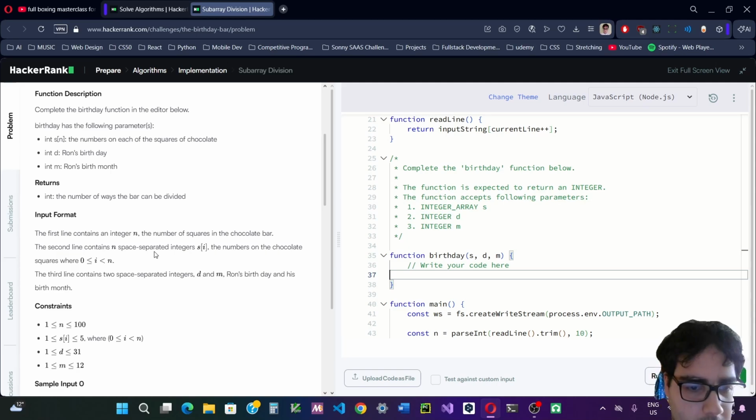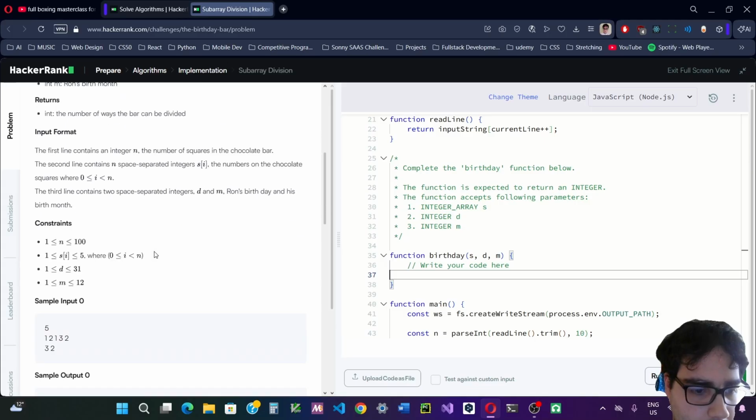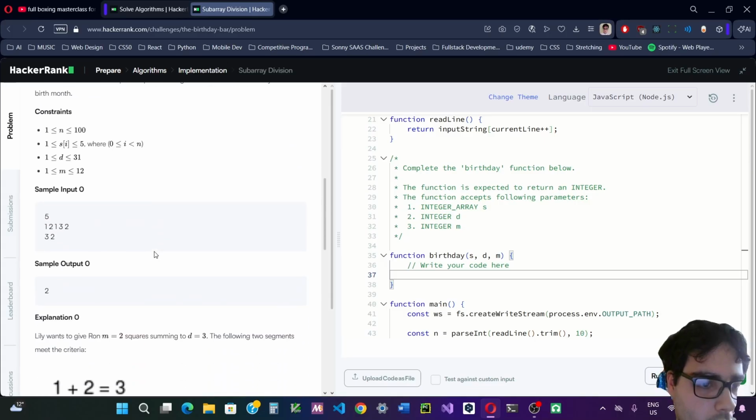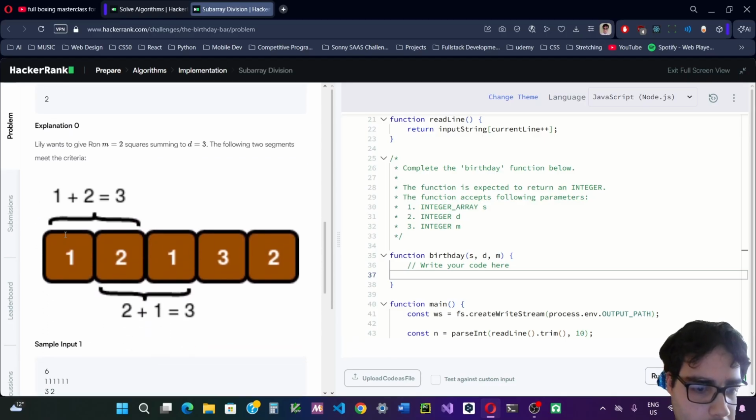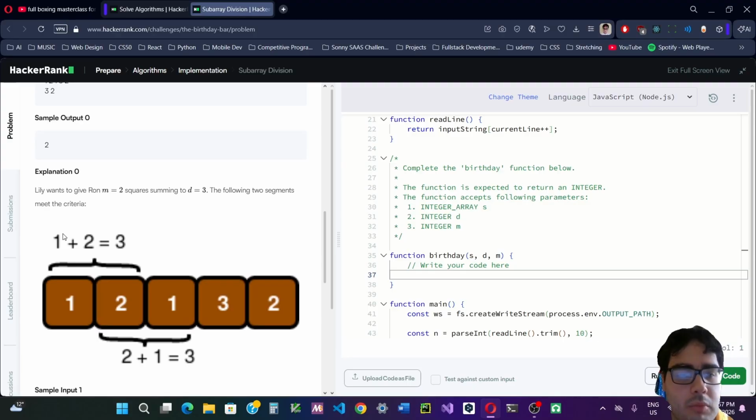The first line contains integer n. We get 5, this 3, the length is 2, so we got 1 and 2, then we got 2 and 1, and that's about it. Lily wants to give Ron m equals 2 squares summing to d equals 3. The following two segments meet the criteria.